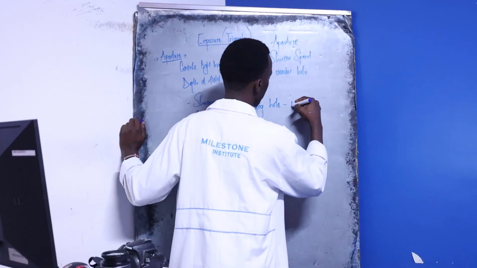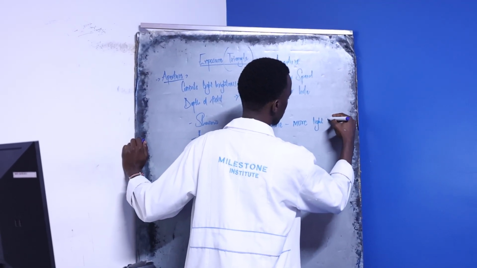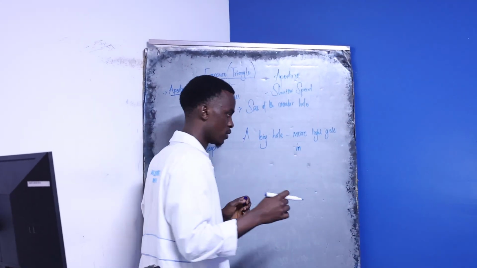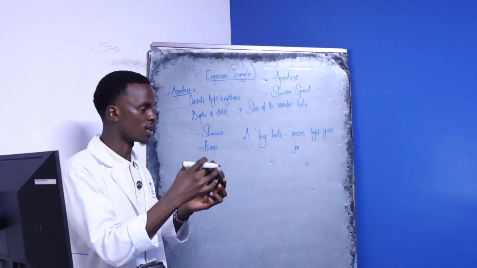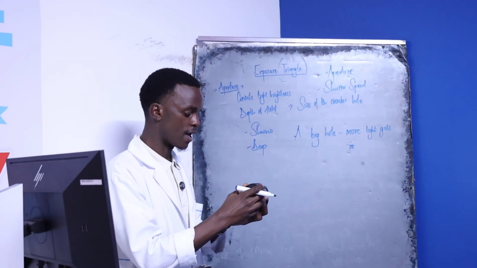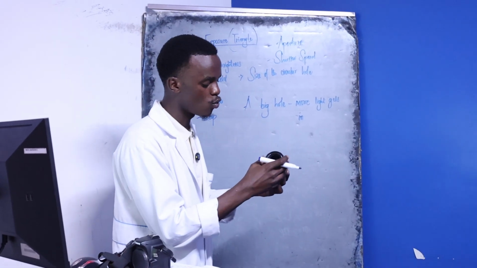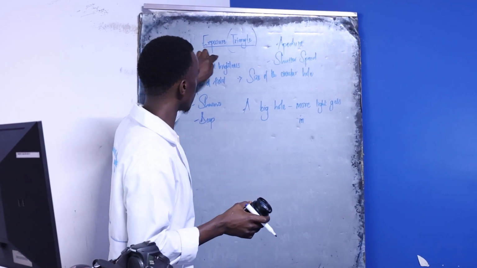So when the hole is bigger, it means more light will get in, and your image is going to be very much exposed. It will have enough brightness, and that is why we are calling it exposure.